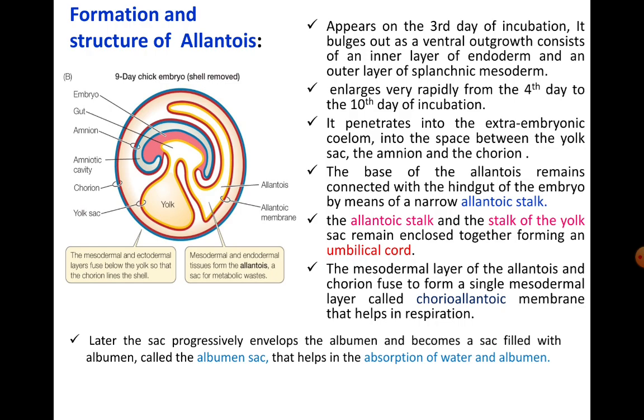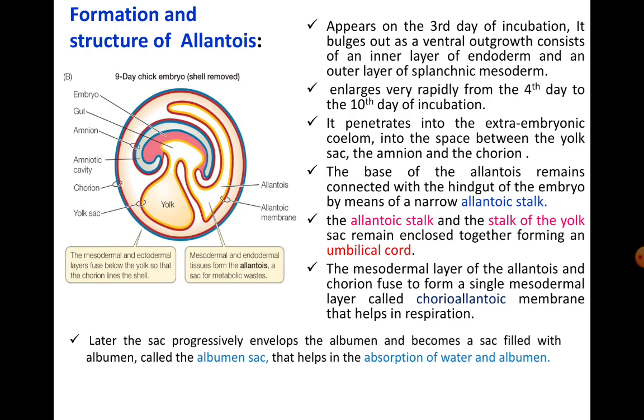The base of this allantois remains connected with the hindgut of the embryo by means of a narrow stalk called the allantoic stalk, whereas the midgut was in connection with the yolk sac with the help of the yolk stalk.